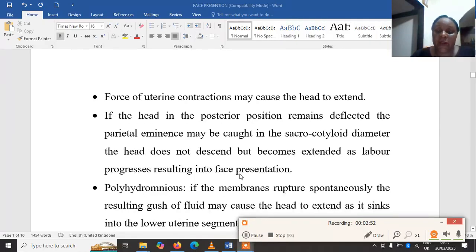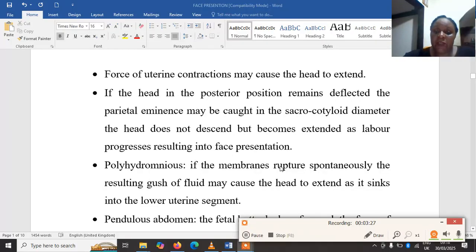Force of uterine contractions can also cause extension of the head, leading to face presentation. Occipito-posterior position may also lead to face presentation. Here the head is caught up in the sacrocotyloid diameter and does not descend, but it becomes extended as labor progresses. This full extension will lead to face presentation.